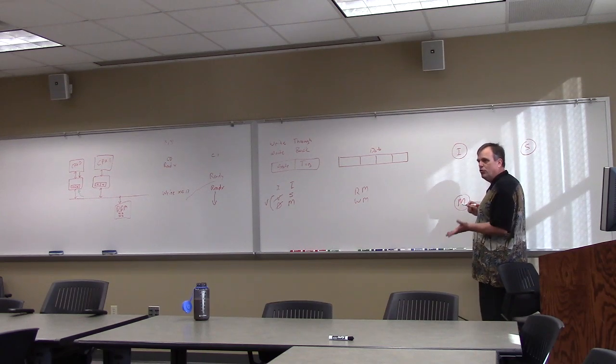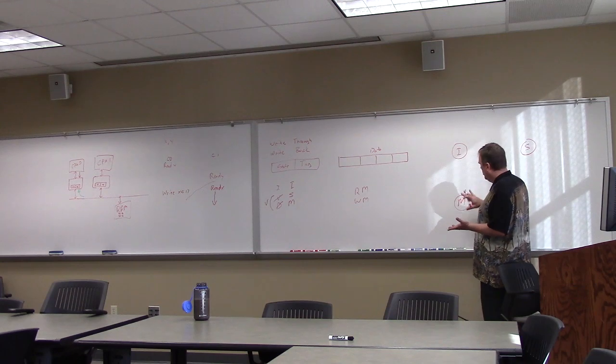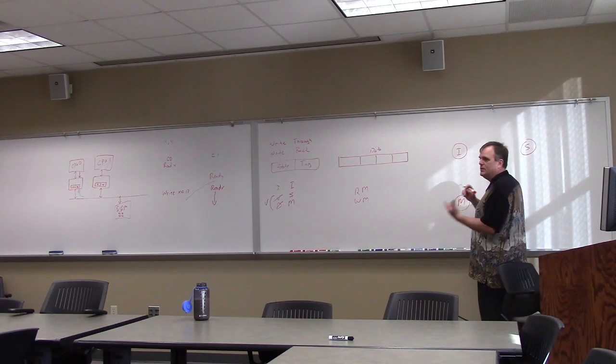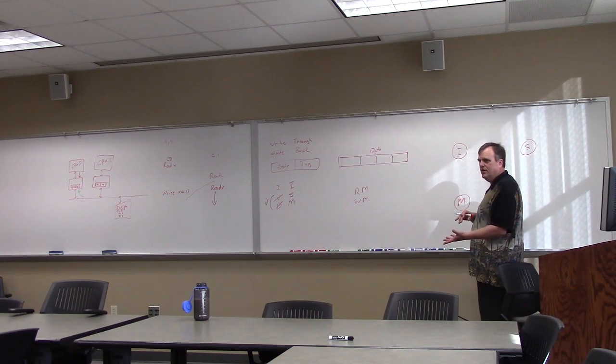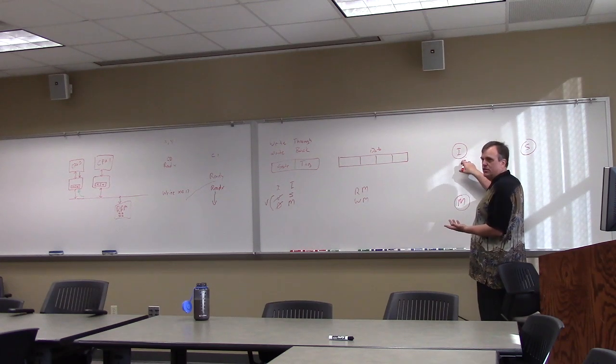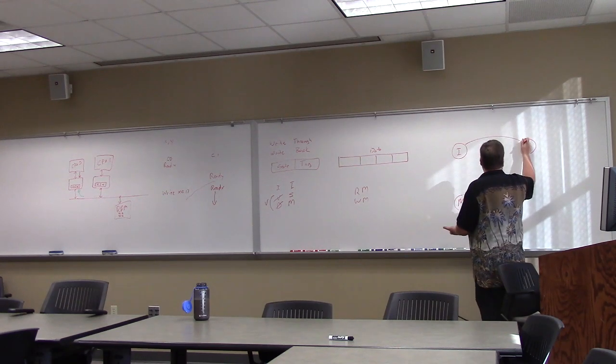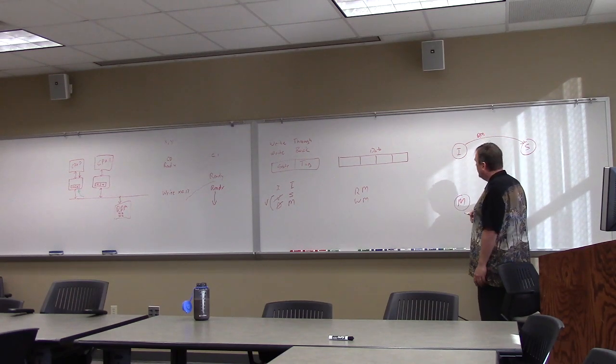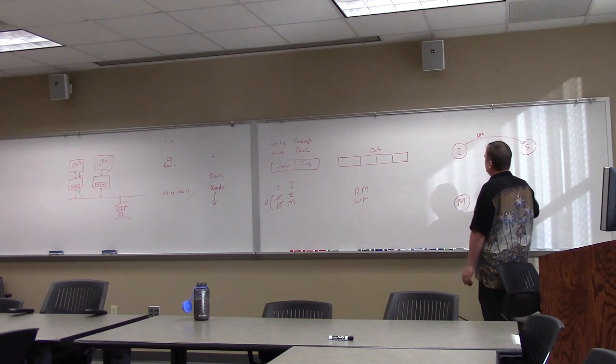If I'm getting a read miss, am I changing anything? You only go to modified if you're changing something. If I get a read miss, am I going to be updating my cache so there's data in there? Yes. So I can't stay at invalid because it'll be valid, which means I have to go here. So I'm going to get a read miss and go to the shared state.